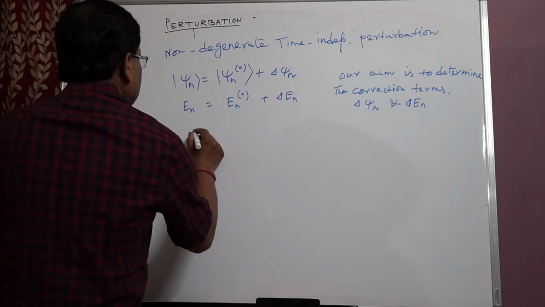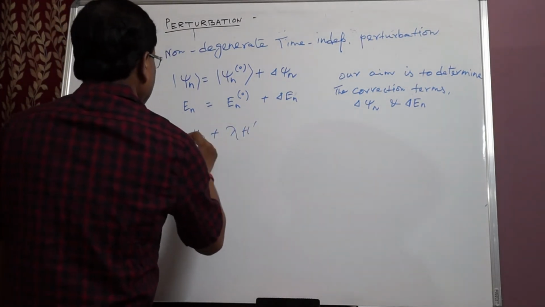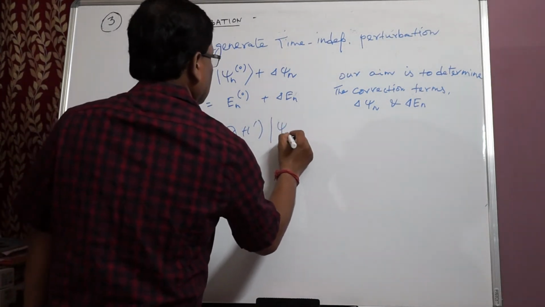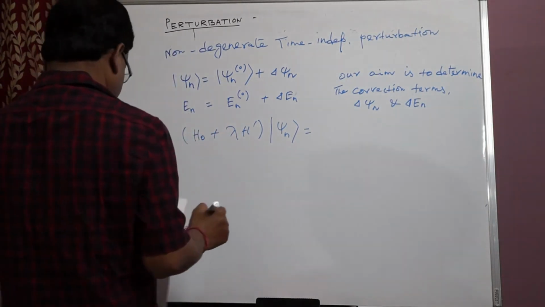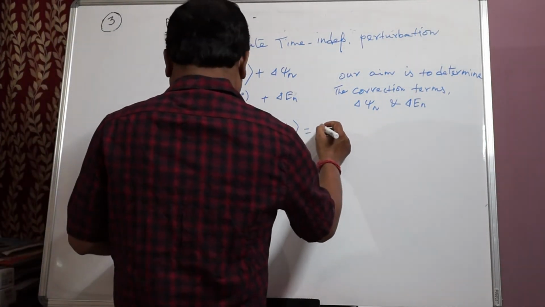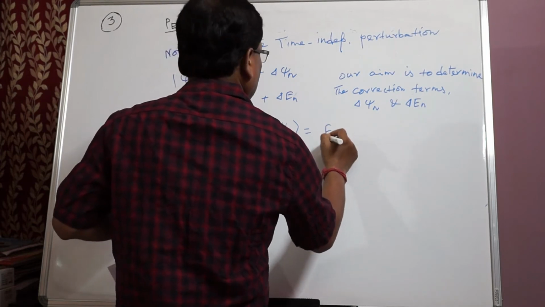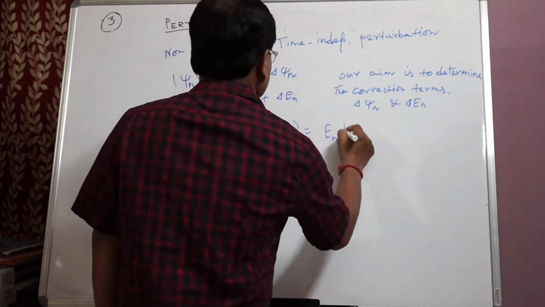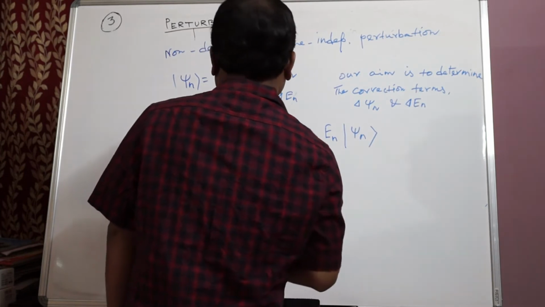So I write H0 plus lambda H prime operating on psi n, equal to En psi n.